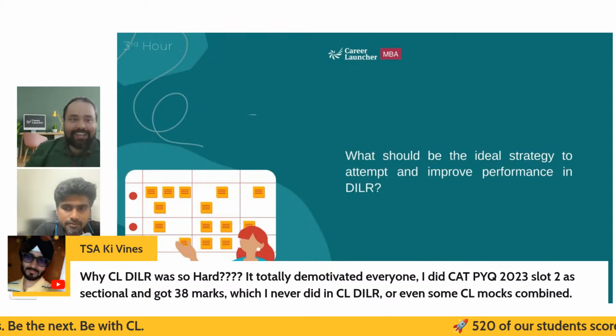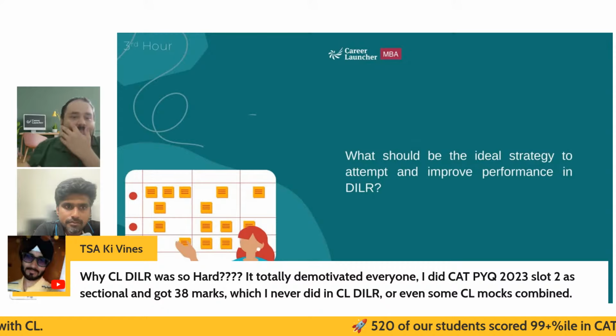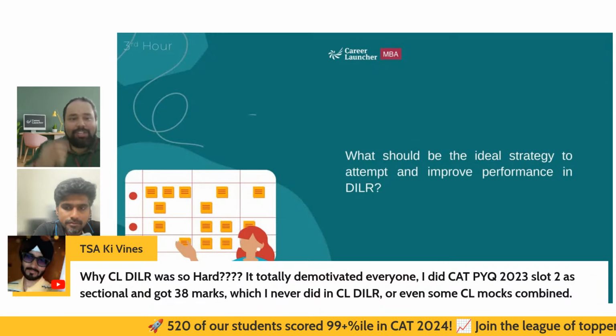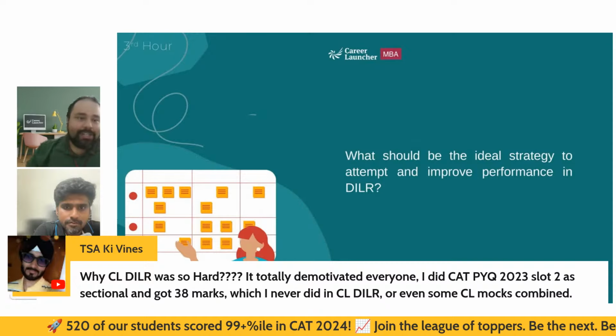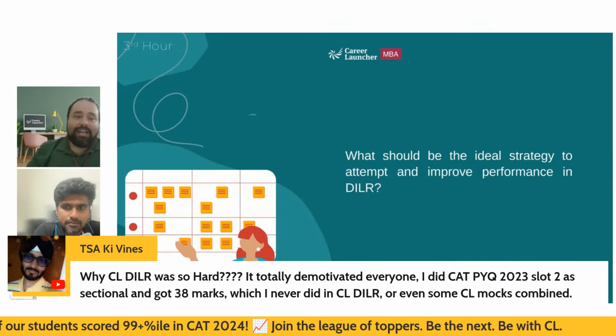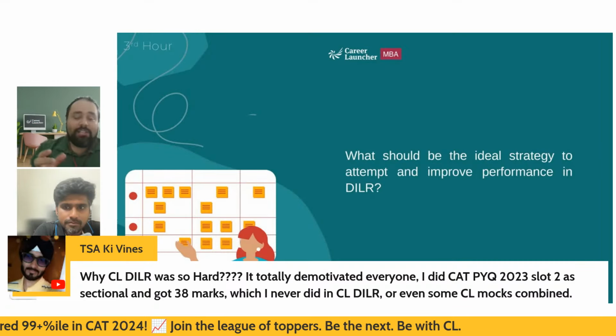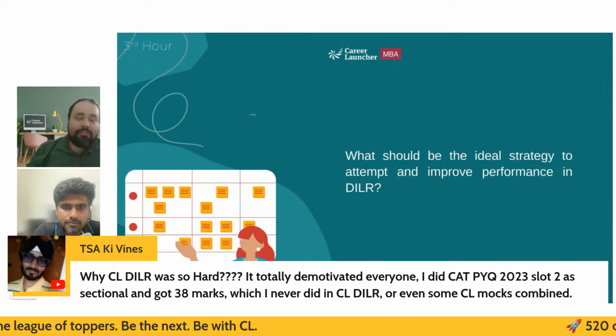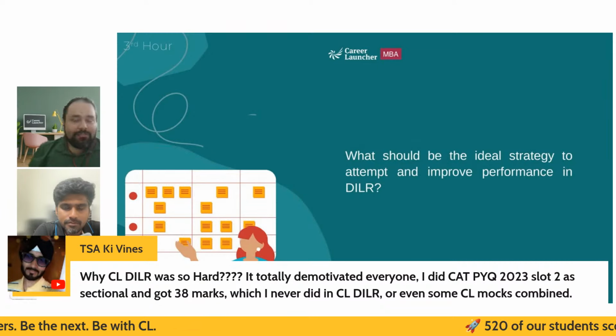If that is the case, then how is it that the mocks are very difficult? If the 99 percentile, the 80th percentile and the 90th percentile are still in and around what they have been in the actual CAT exam over the last 4 years, then if the CL mocks are very difficult, you are saying that CAT is very difficult.